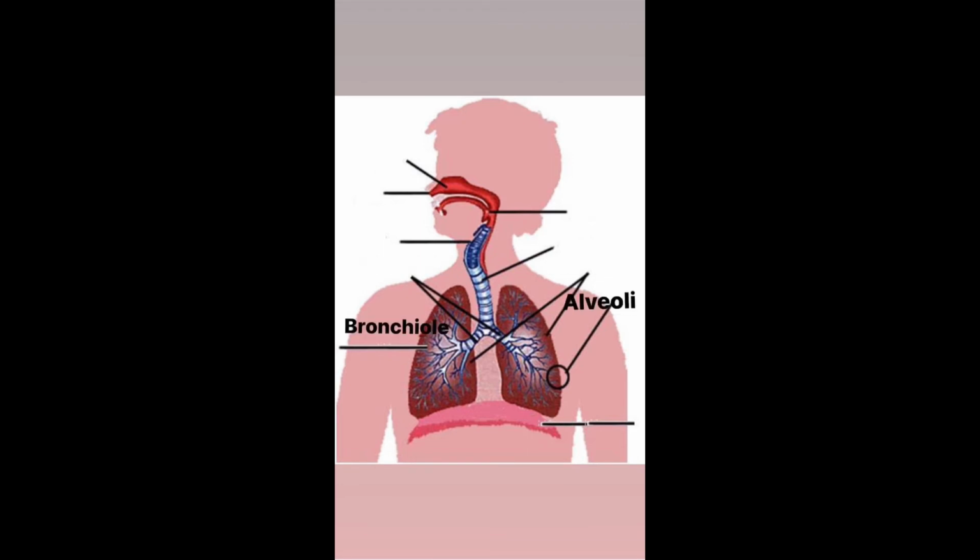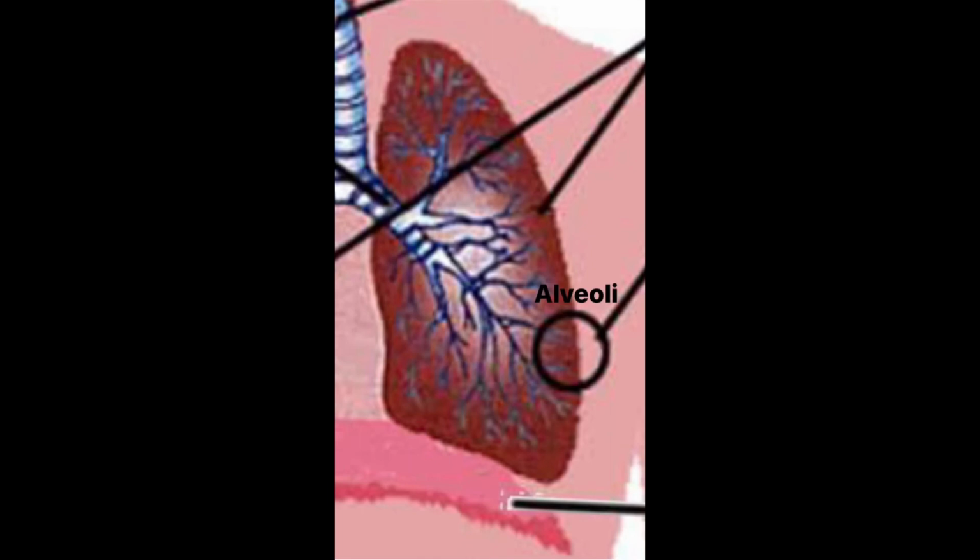Each bronchus divides in the lungs to form a large number of still smaller tubes called bronchioles. Please see in the diagram. Each bronchiole has tiny air sacs or balloon-like structures called alveoli at its end. Singular is alveolus. In the diagram, you can see an enlarged picture of alveoli.